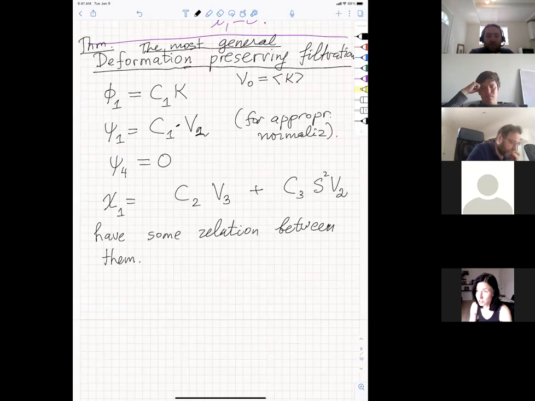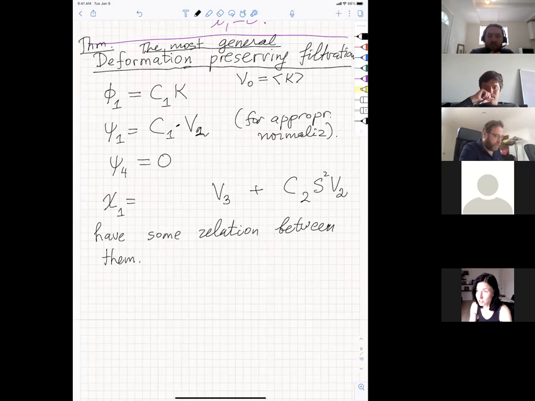So I can put here some C2, because I already fixed the normalization of V2, this is a new parameter.